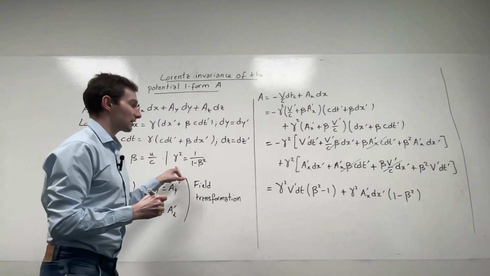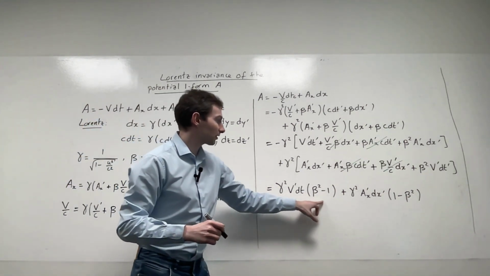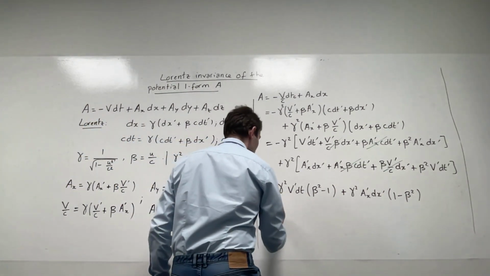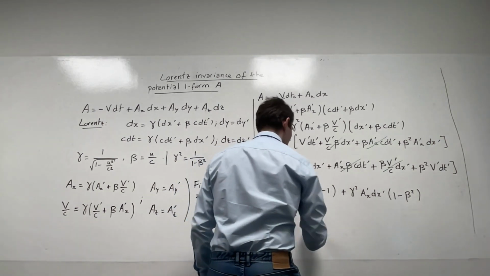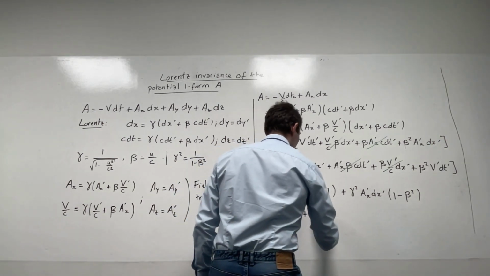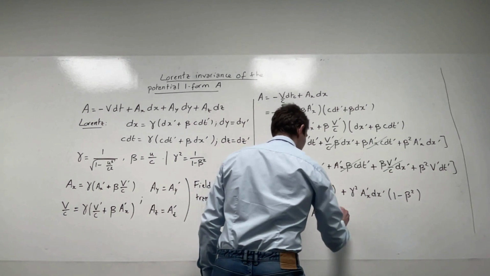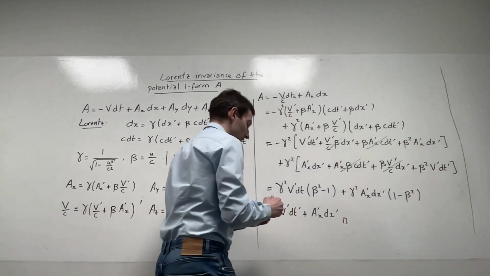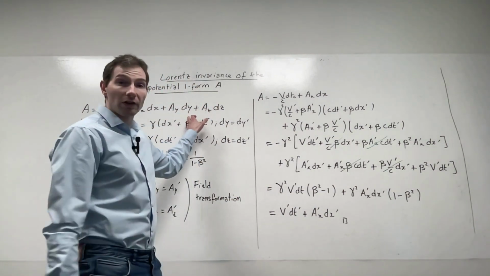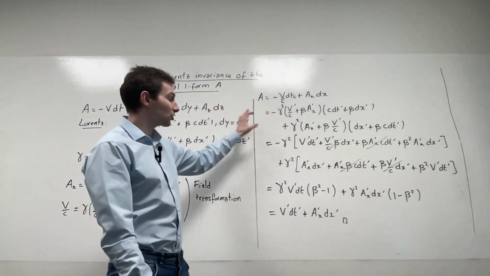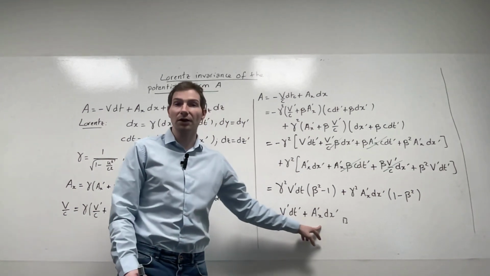And basically that's what we've got here, gamma squared times this. So at the end of the day, we get that this is v prime dt prime and then plus a prime x dx prime. Okay, as required. If you were to put back, if you want, the unchanged part, you could. That was just to show that this part is actually invariant indeed.